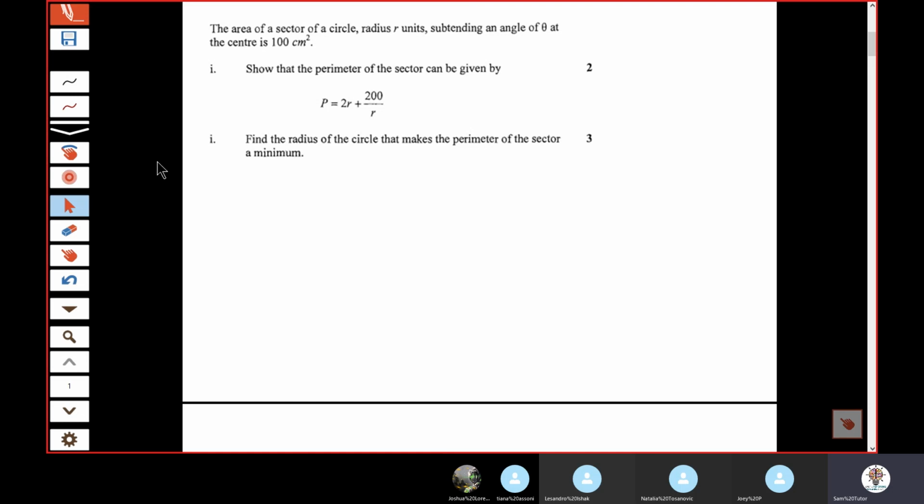Maybe draw the circle or draw the sector, because there's no diagram. Let's say worst case scenario for everybody, if you can't do part one, do part two.